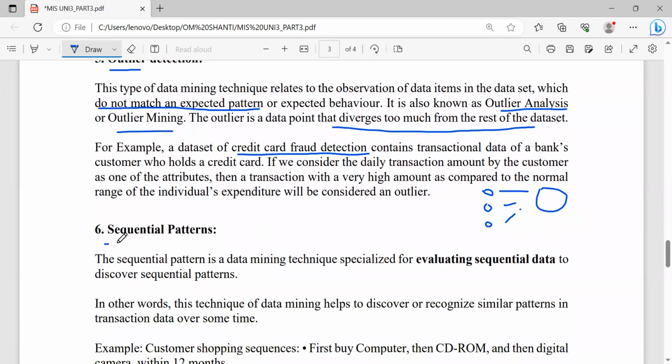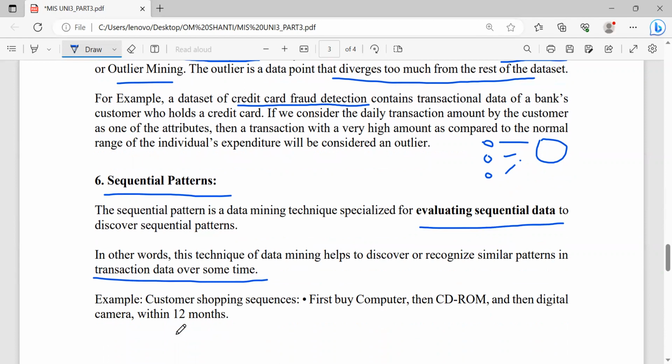Sequential pattern. Sometimes the patterns are sequential. The sequential pattern data mining technique is specialized for evaluating sequential data to discover sequential patterns. This technique helps to discover or recognize similar patterns in transactions over some time. Like, for example, customer shopping sequence है ये.